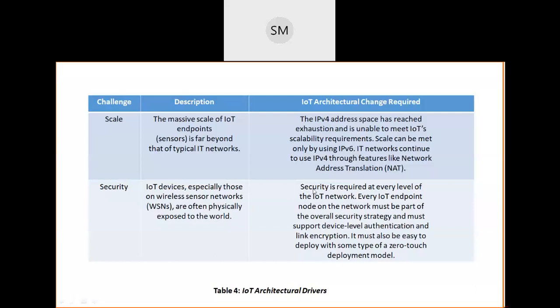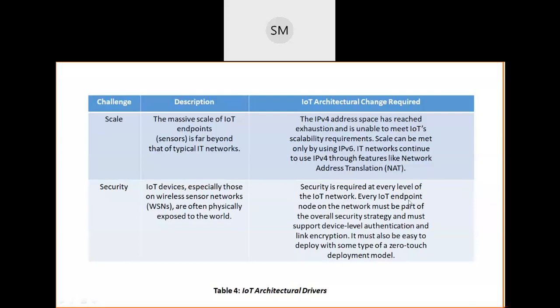It requires higher security, at every level of the IoT network. Every level means that earlier, security was provided only to the cloud. Now security should be provided to each and every level, meaning each and every device should be secured properly.